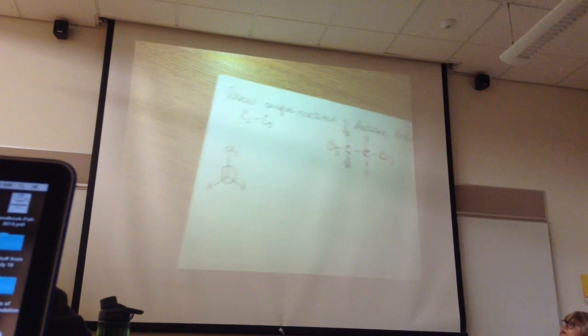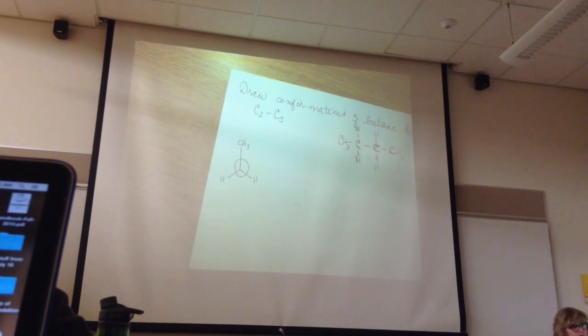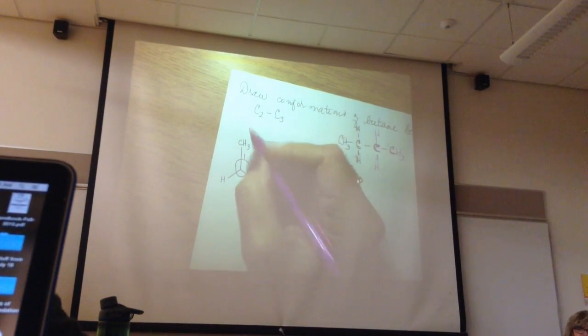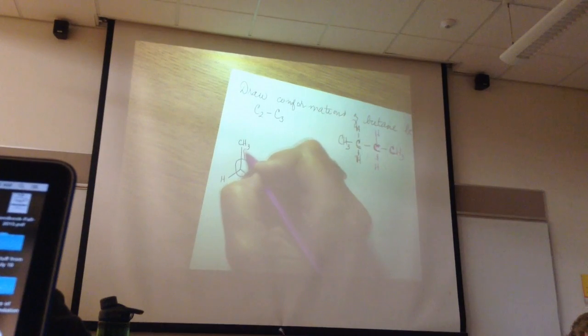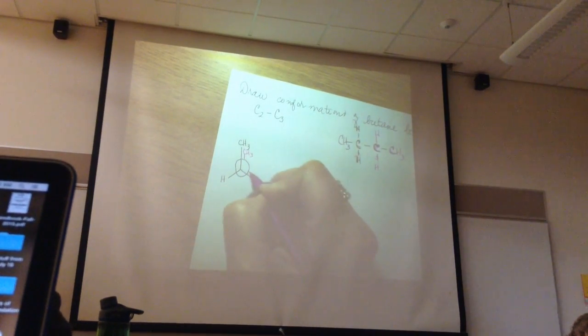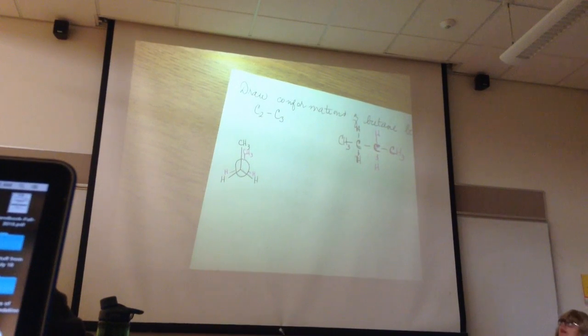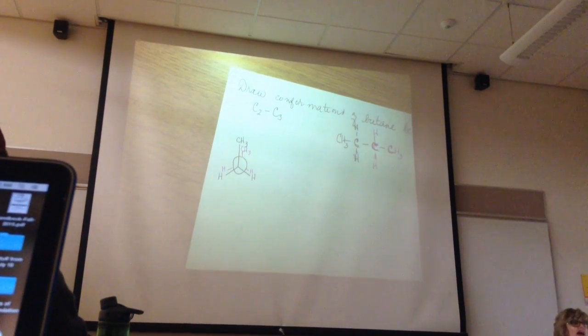Highest, what am I gonna do with the back carbon? Highest in energy, what shall I put here at the top? A methyl. Can everybody see you should put a methyl right here? A methyl should be there. And that should be the highest.